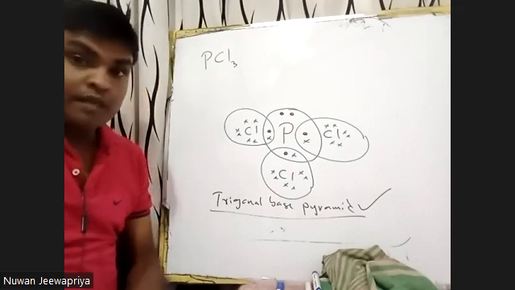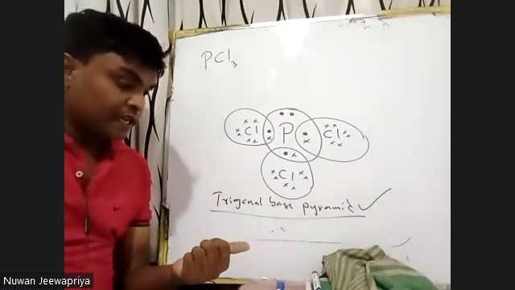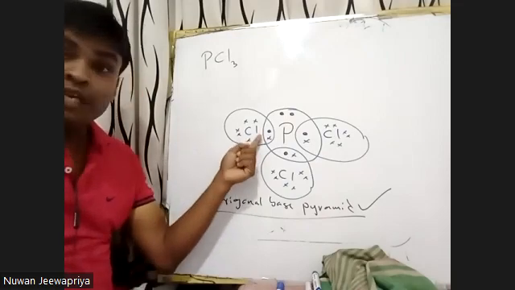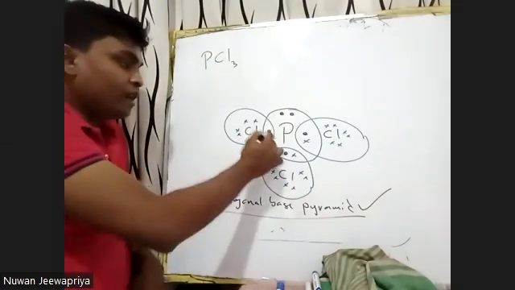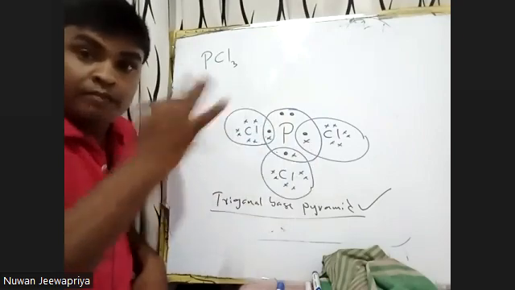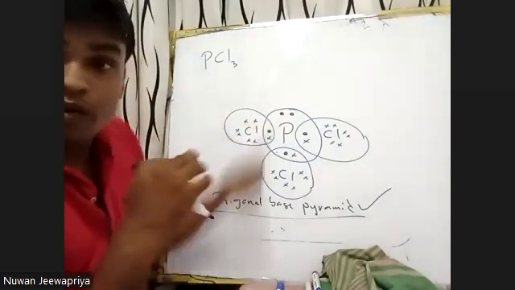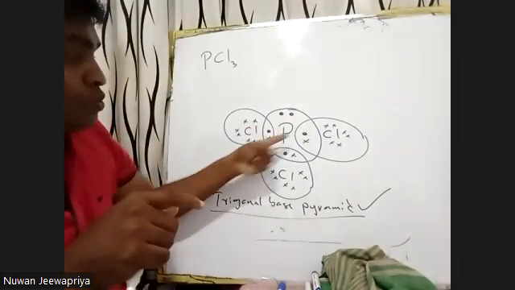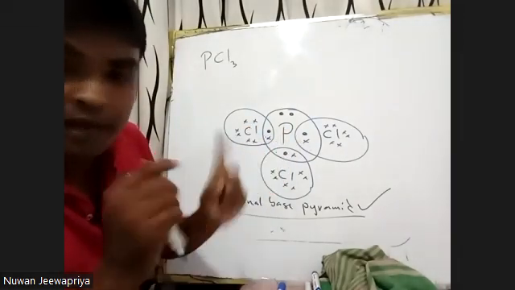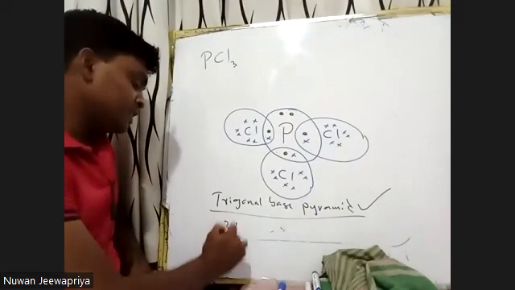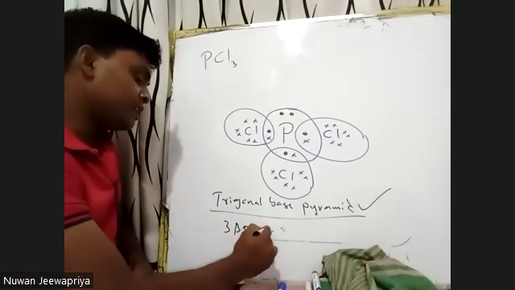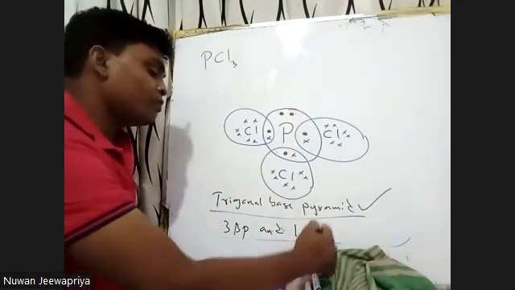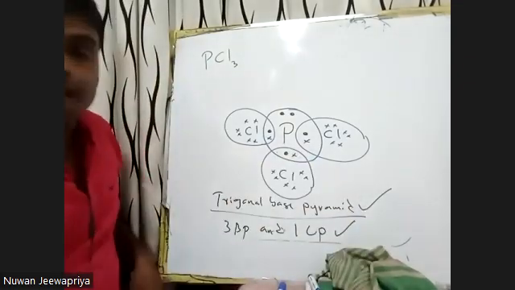The next point that you want to say is that there are 3 bond pairs and 1 lone pair on the middle atom: 1, 2, 3 bond pairs and 1 lone pair. That's the second point.